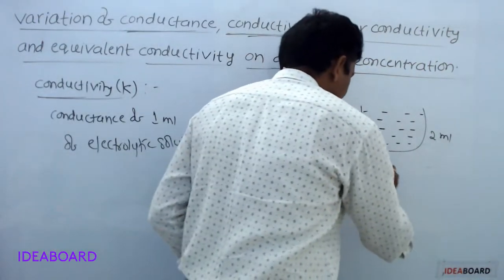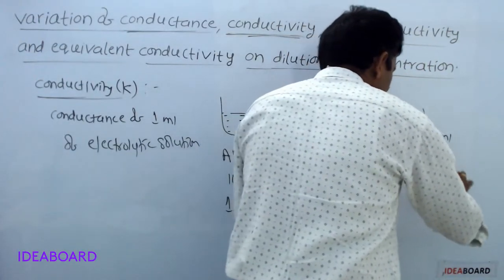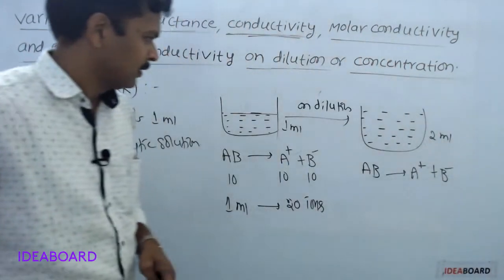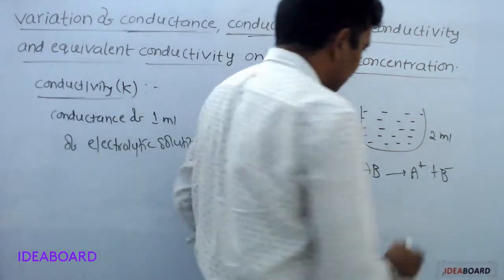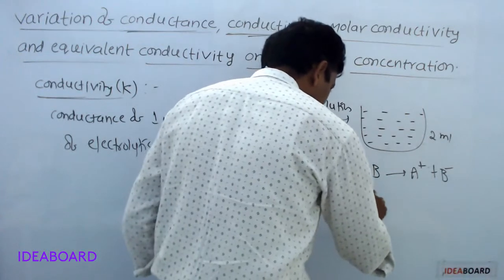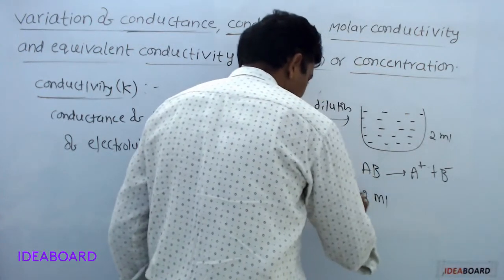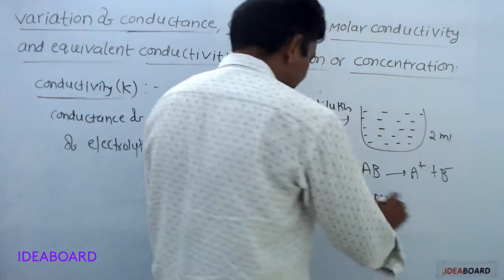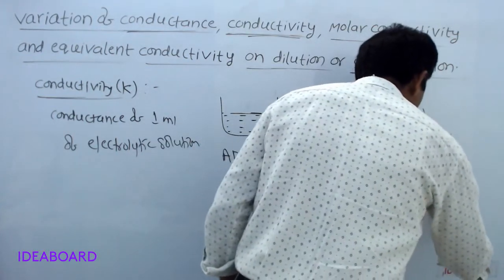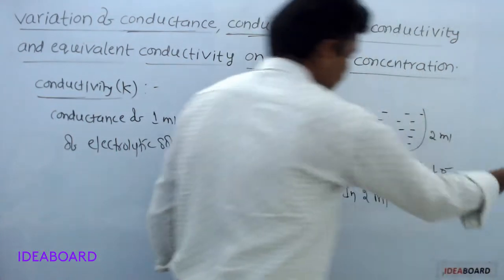Even here, A plus ions and B minus ions are there. After dilution, the volume is 2 milliliters. In 2 milliliters, the number of ions is 20 only.